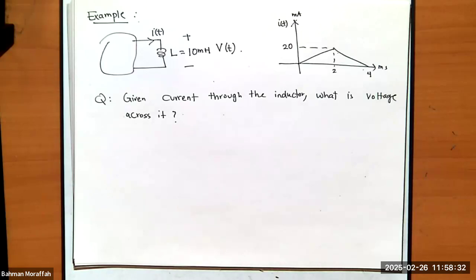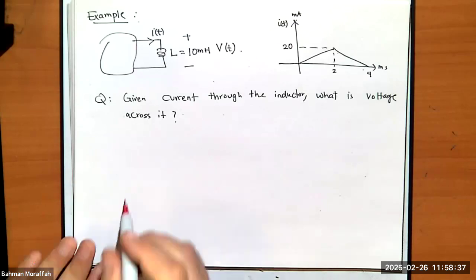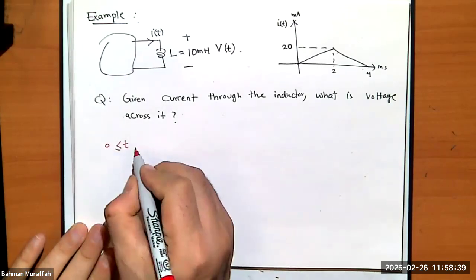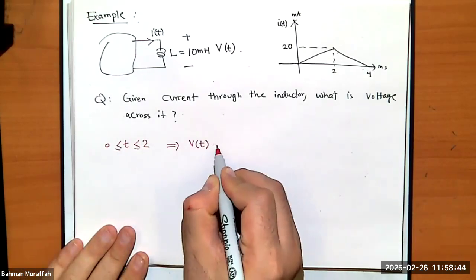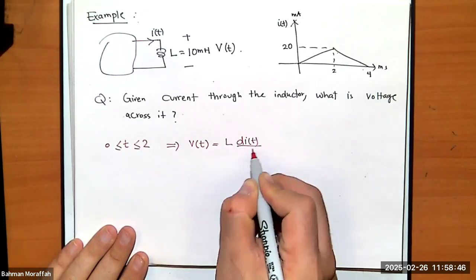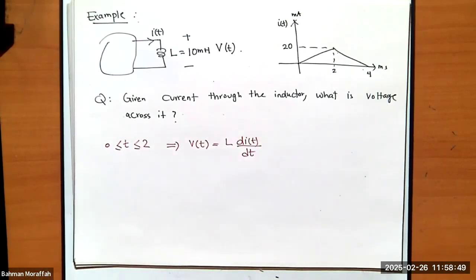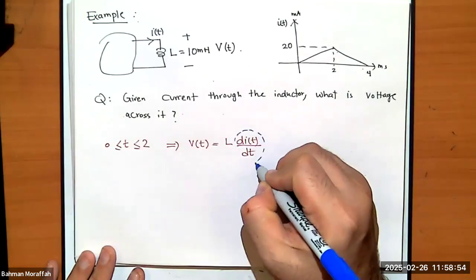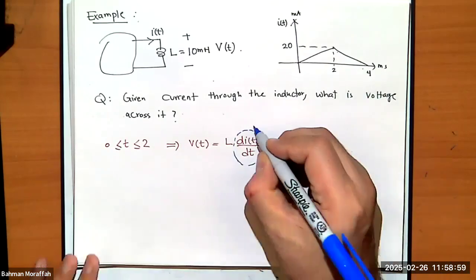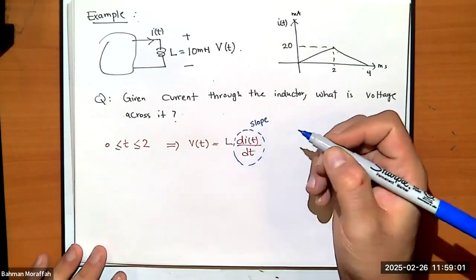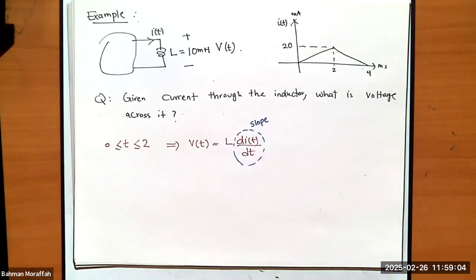But let's actually work it out mathematically. For times between 0 and 2, I know v of t is L di/dt, and di/dt is the slope. What is the slope over here?